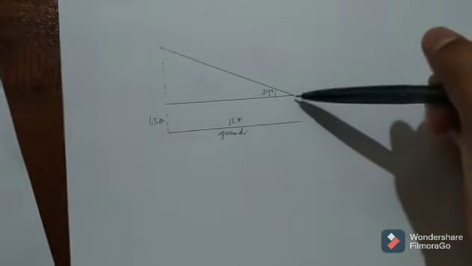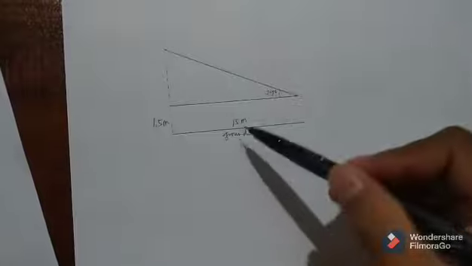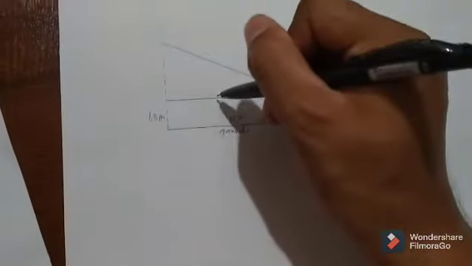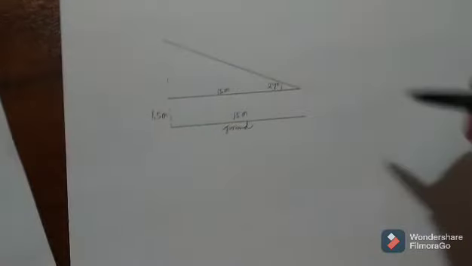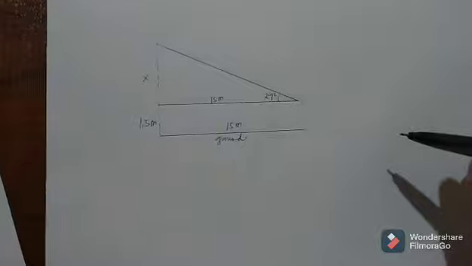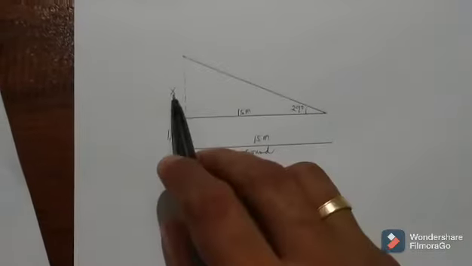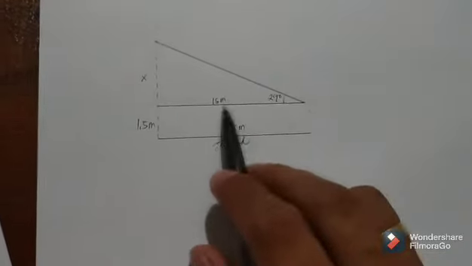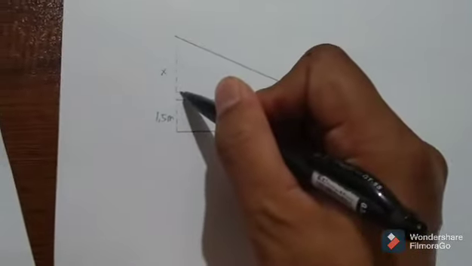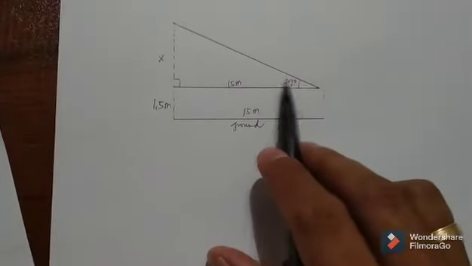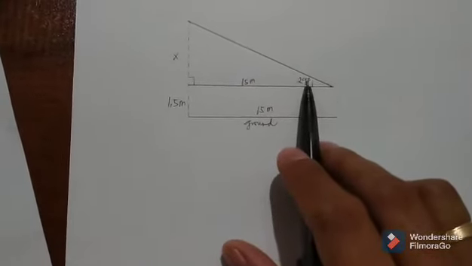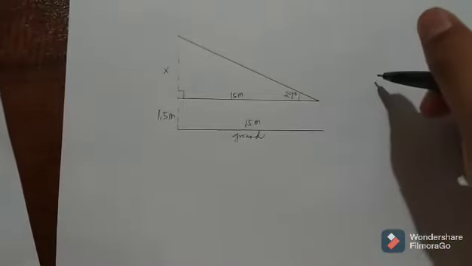From the ground to that angle being formed is 15 meters, meaning this line measures 15 meters. In that case, we're looking for this one, let's presume that is our x. To solve for x, let's take a look at the given. Based on this, we have a triangle, which is a right triangle.